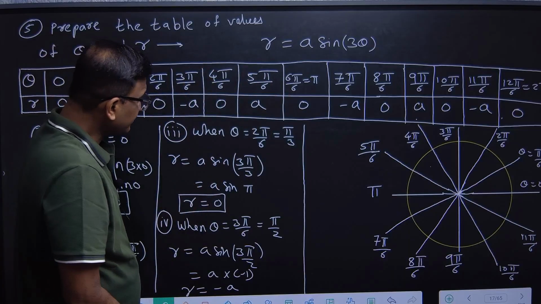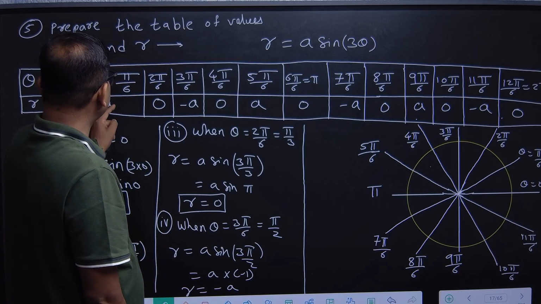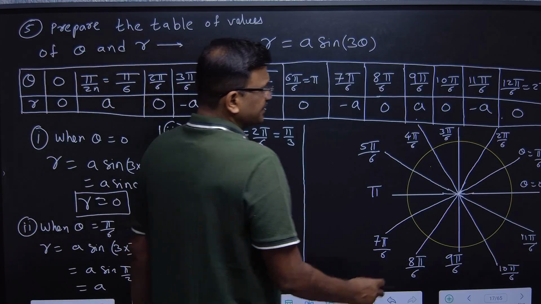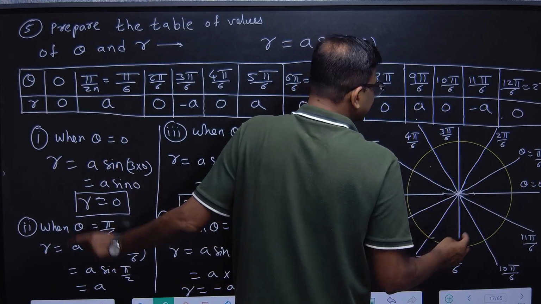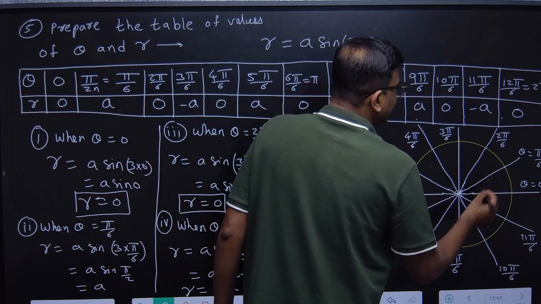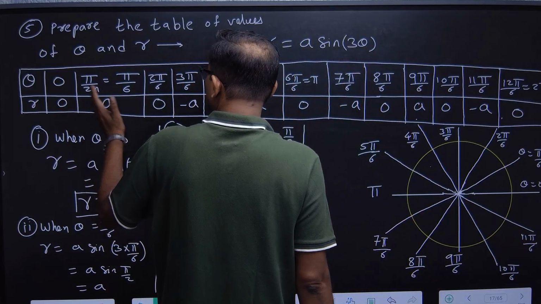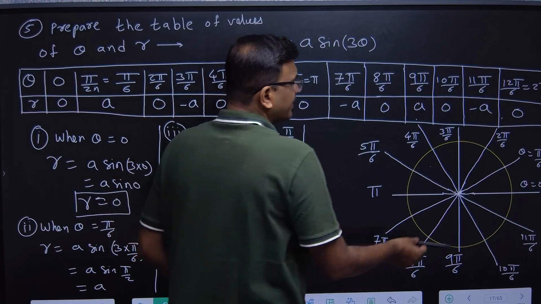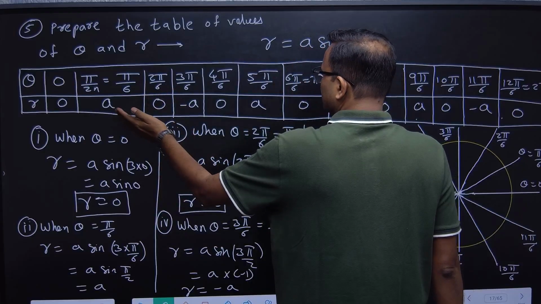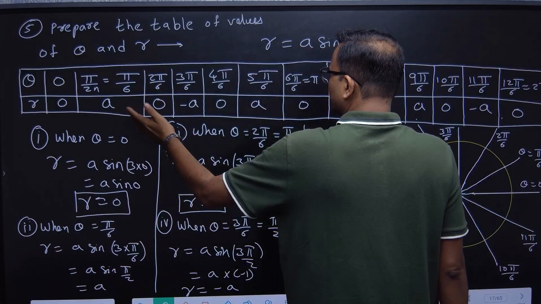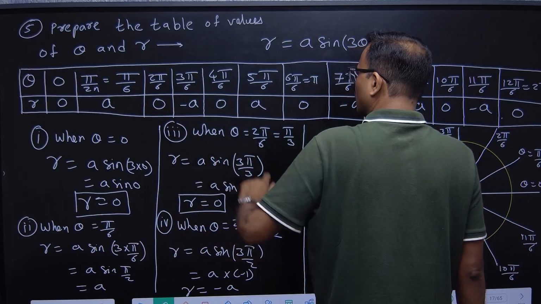Now we can observe that when theta is 0, r is 0, and when theta is pi by 6, r is plus a. First we are going to get here at theta is pi by 6. So as the value of theta increases from 0 to pi by 6, the value of r increases from 0 to a. And from pi by 6 to 2 pi by 6, as the value of theta increases, we can see that the value of r decreases from a to 0.